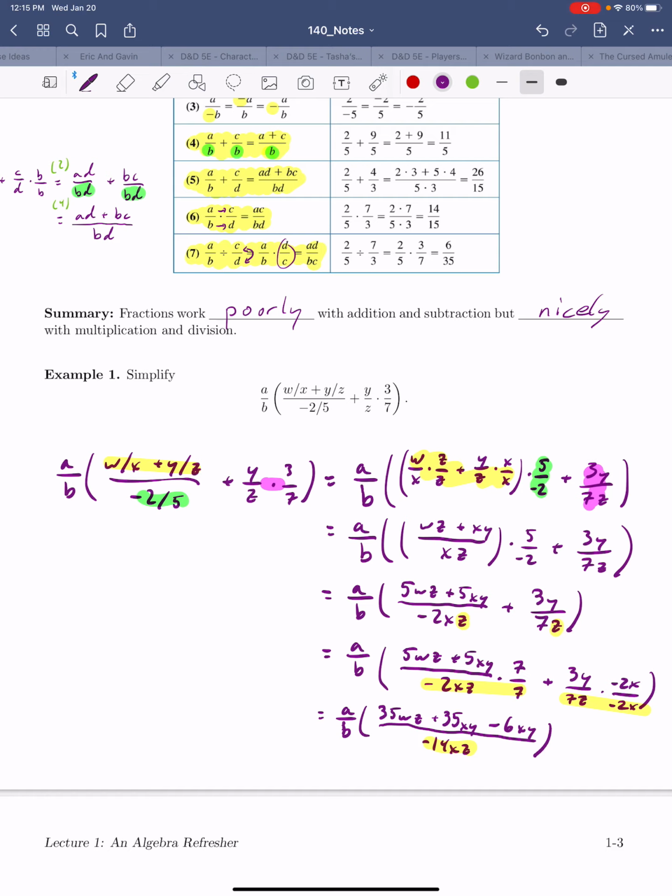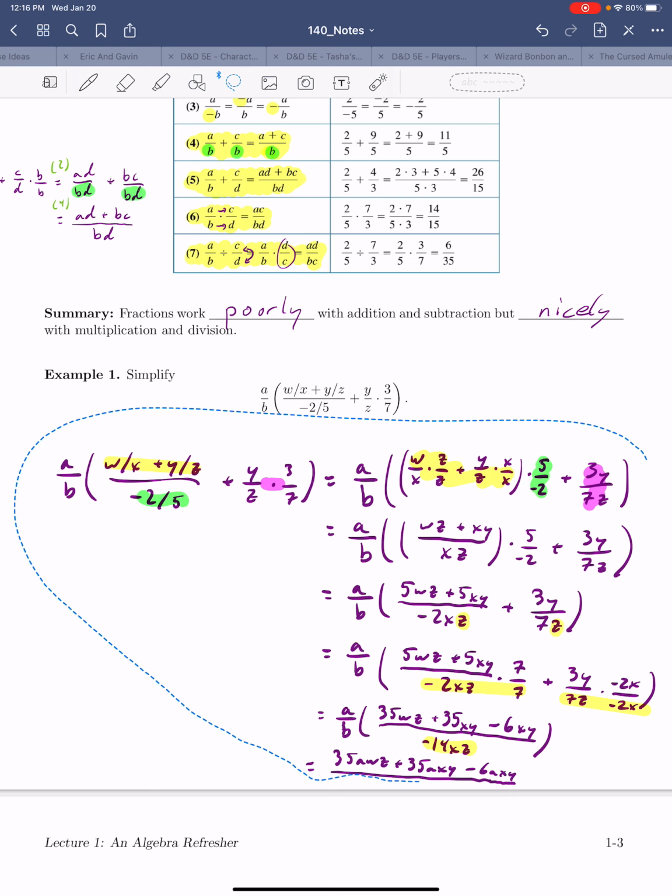So the last step is not that bad, right? We just multiply through by a and b, and we get 35awz plus 35axy minus 6axy all over, well, a sec before I finish this, let's again move all this up.